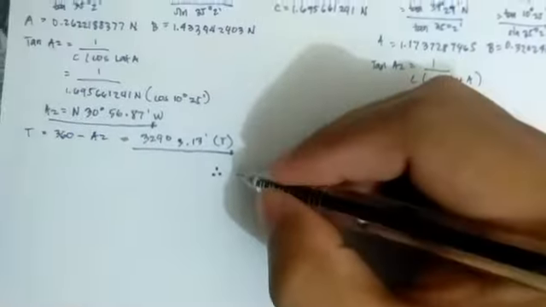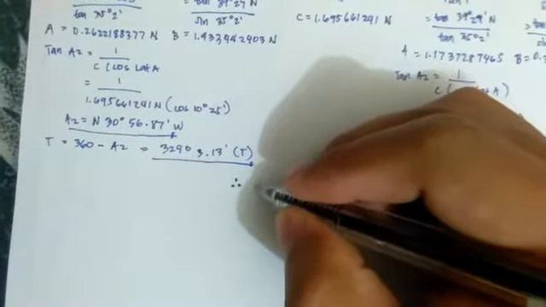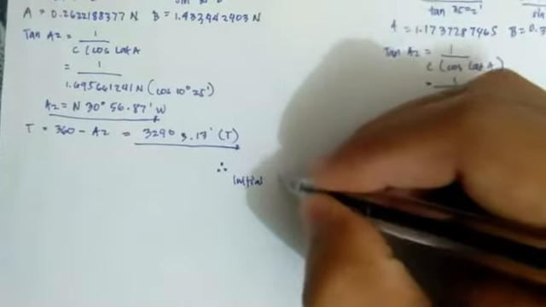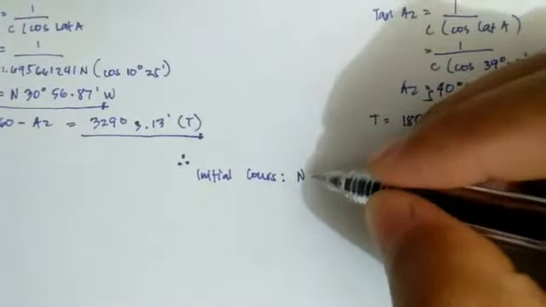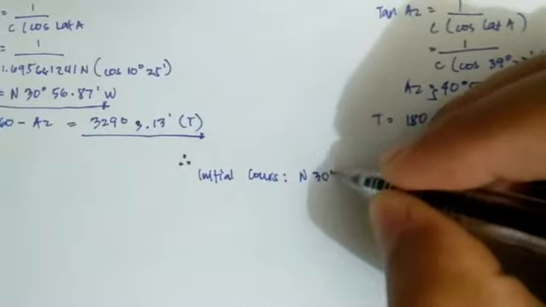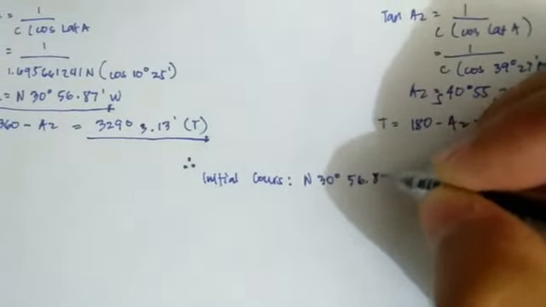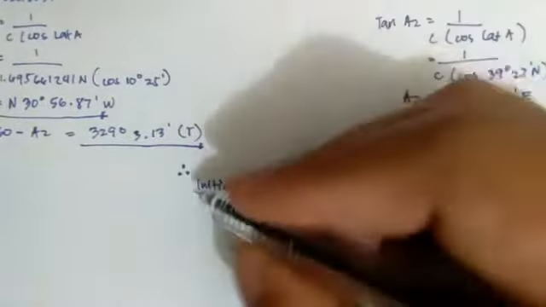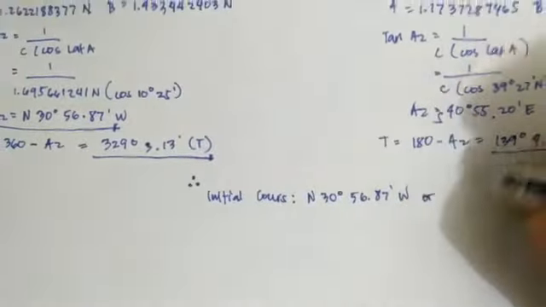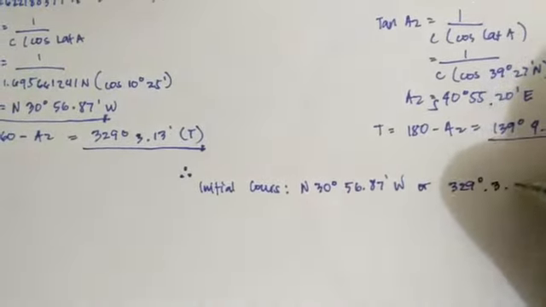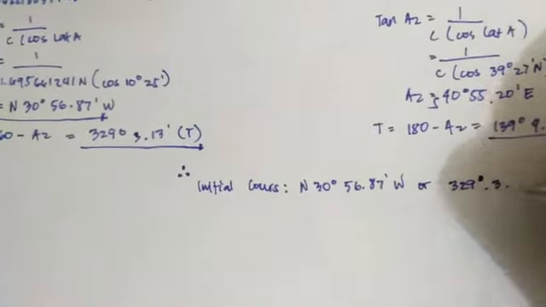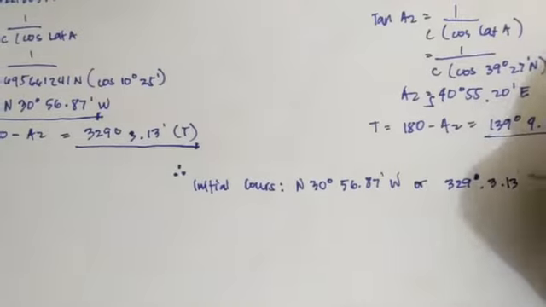So therefore our initial course is north 30 degrees 56.87 minutes west, or 329 degrees and 3.13 minutes true.